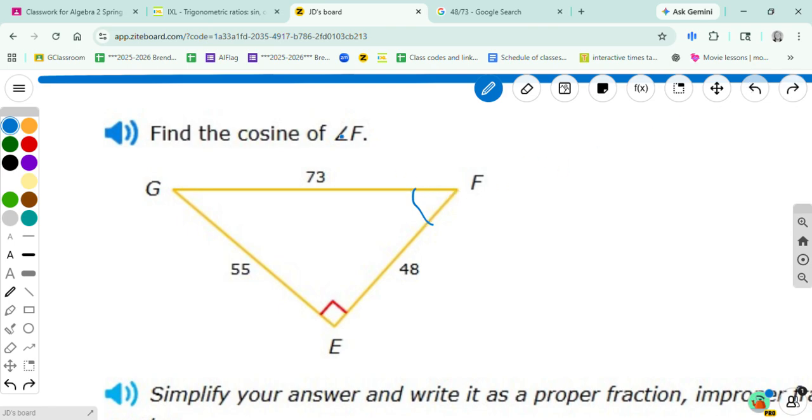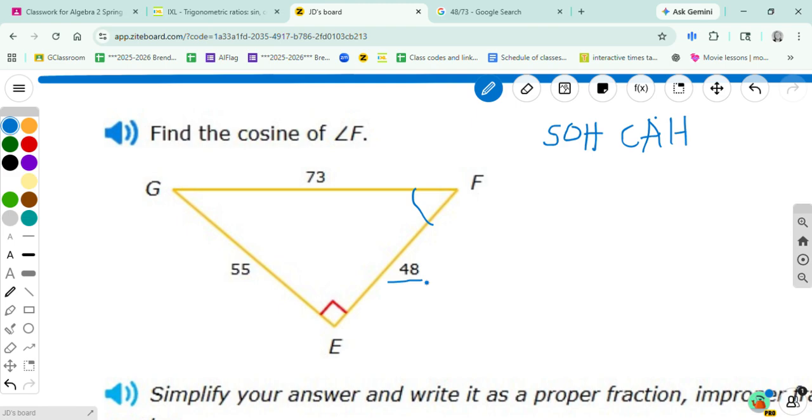Okay, so cosine. Which one is cosine? Well, let's use our mnemonic, SOHCAHTOA. I don't even need to write out TOA because we've reached cosine. So it's the adjacent over the hypotenuse. Let's find which one of these lines is the adjacent. Well, this one isn't because it doesn't touch our angle. And this one isn't it because it doesn't touch our square.